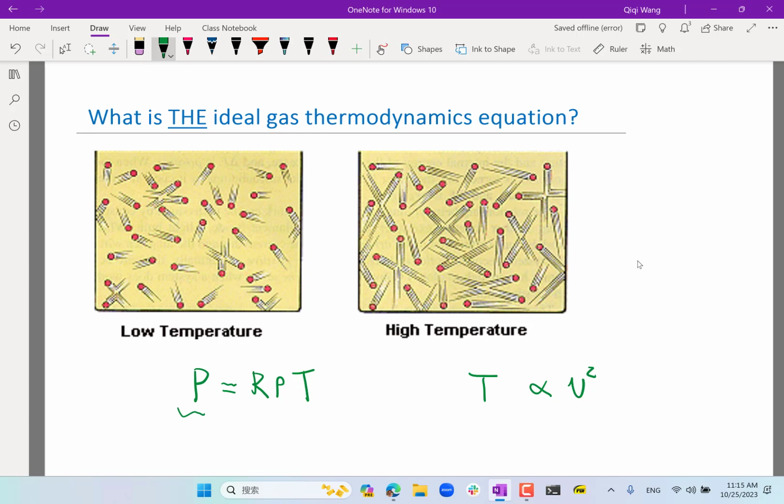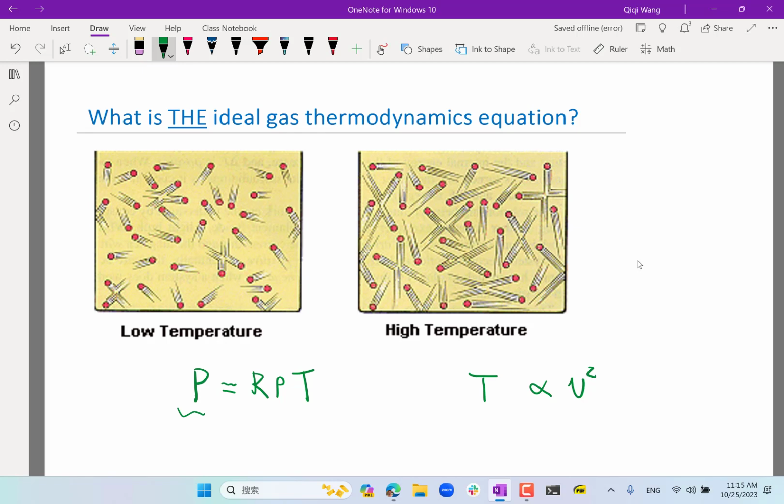So momentum flux, as we have seen in aerodynamics, is always proportional to V squared. One V is the amount of mass going through, and the other V is the momentum per mass. So that's why pressure is proportional to density times velocity squared. And velocity squared is proportional to temperature if the velocity is the random motion of the molecules.